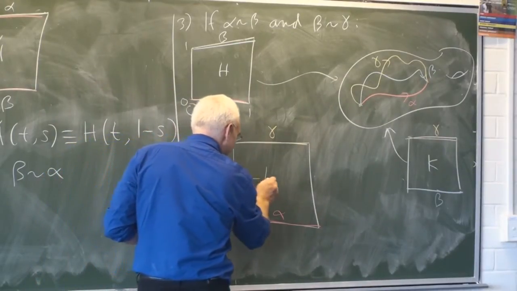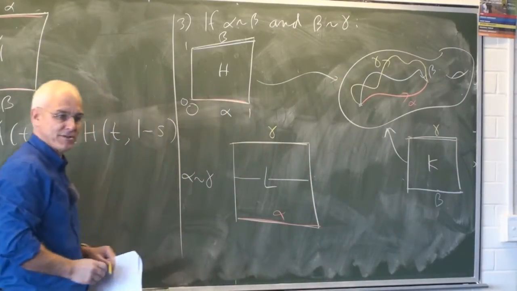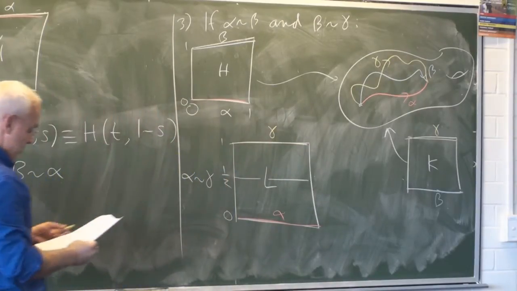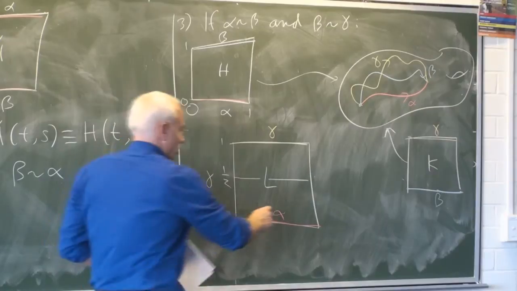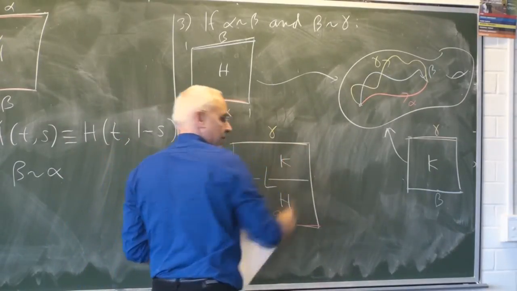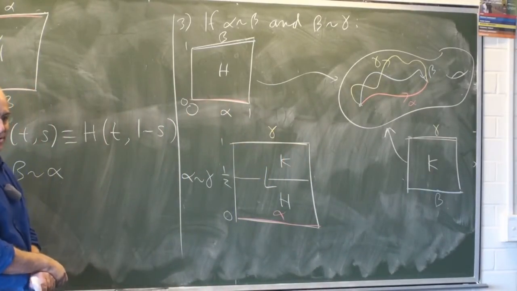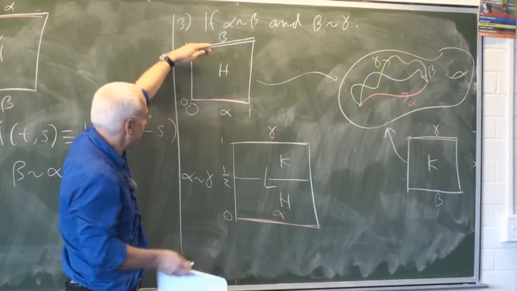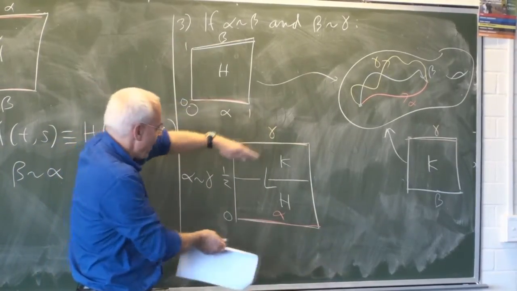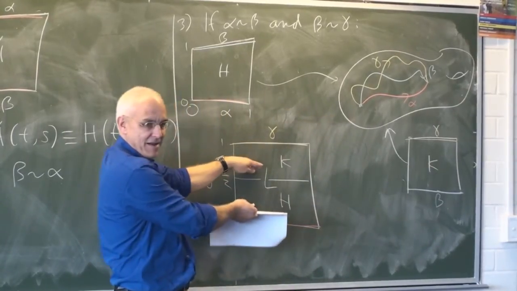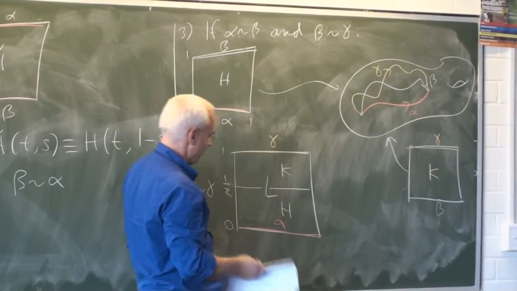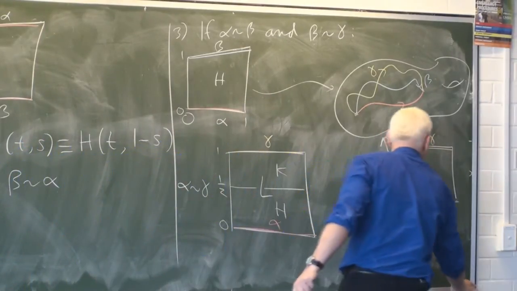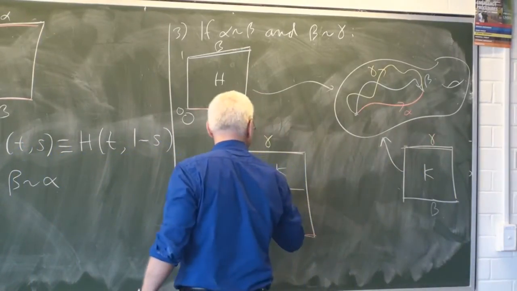Well, we just slice this at the halfway point, going from 0 to 1, so that would be the halfway point, a half there. And we'll put H down here and K here, diagrammatically. Okay, well, we do have to squish a little bit because this is actually going from 0 to 1, so we're going to have to squish H down, and we're going to have to squish K up so that they fit together. And in that middle part, that's going to be where beta is going to be.